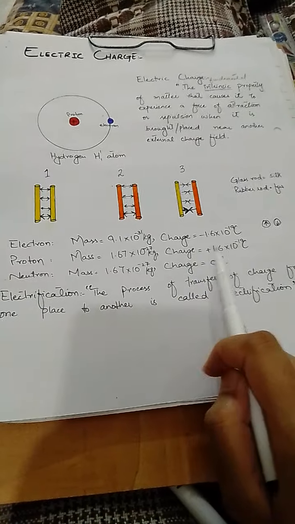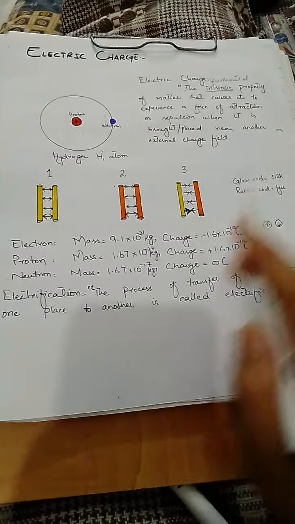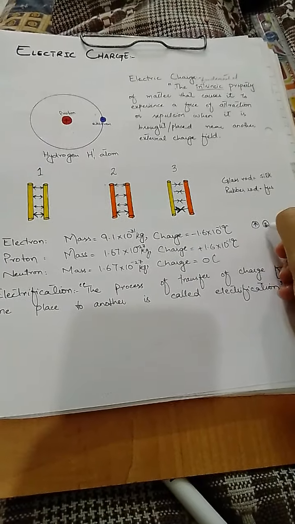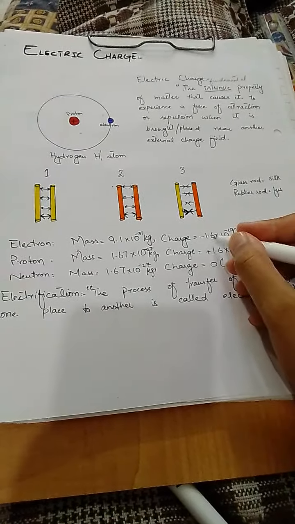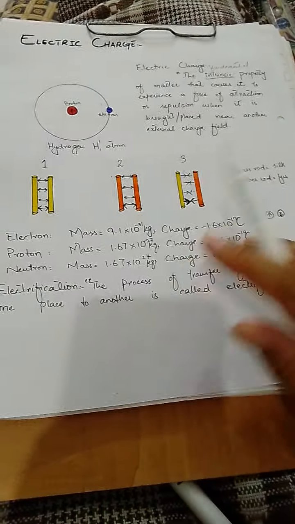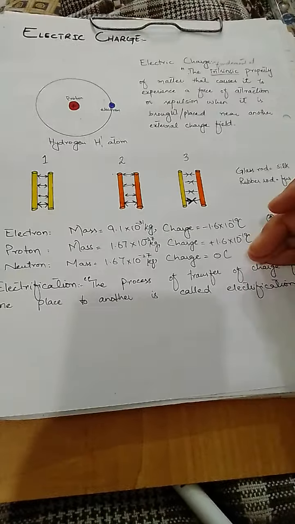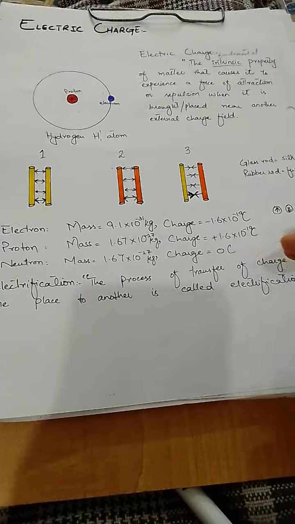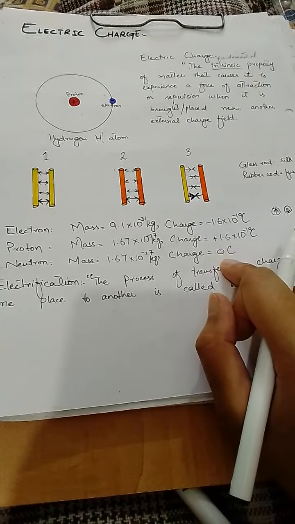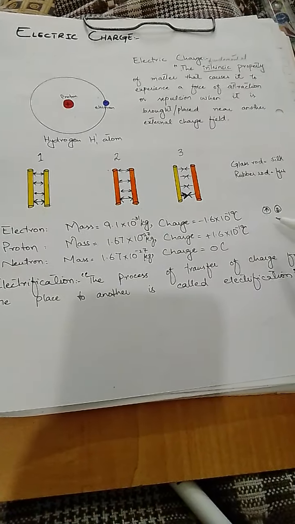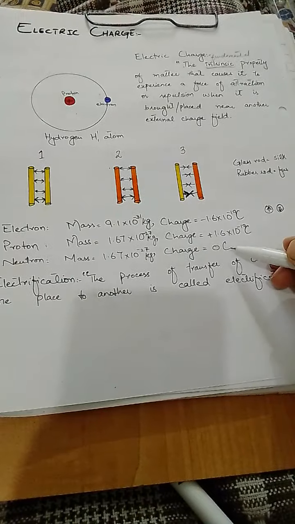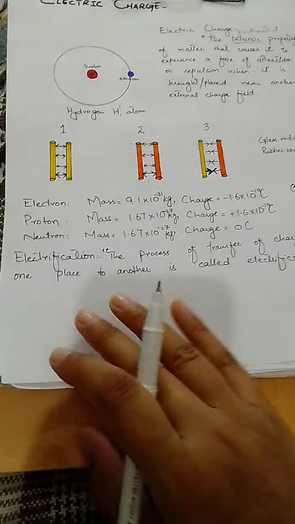That's why it has a positive charge. In electron, it has an excess of down quark. That's why it has a negative charge. Alright, that's why they have charges, and that's why any kind of material, any kind of matter has a charge. Alright, neutron does not have a charge because it has equal amount of up and down quarks which balance each other, and the resultant charge is 0.